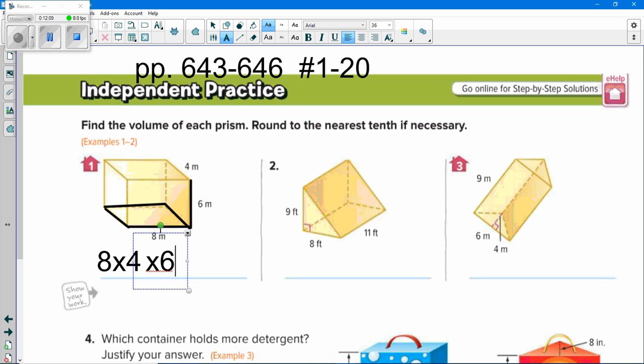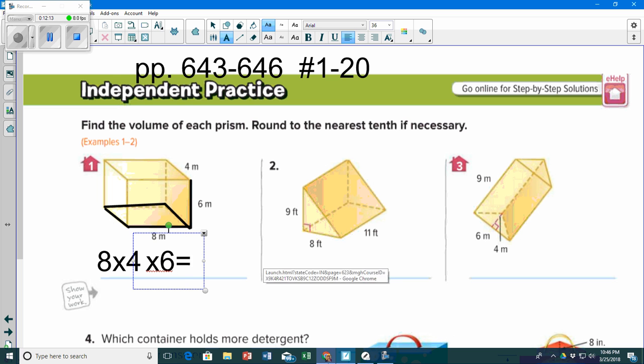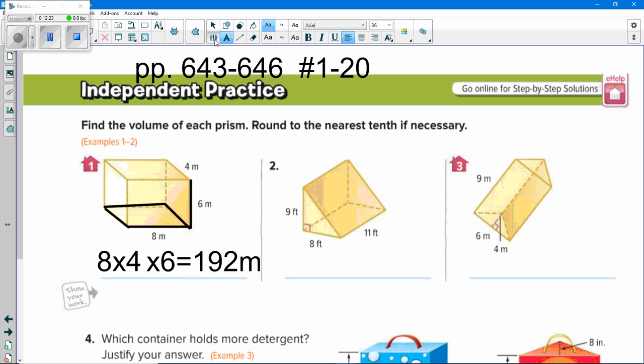And end up with 48 times 4, which is 192 cubic meters. There you have it.